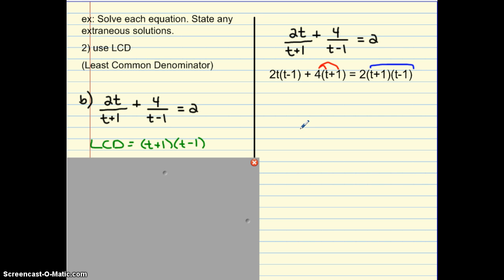Okay, we have another least common denominator problem, and my LCD is the t plus 1 times the t minus 1. So each term up here is going to get a t minus 1 and a t plus 1.